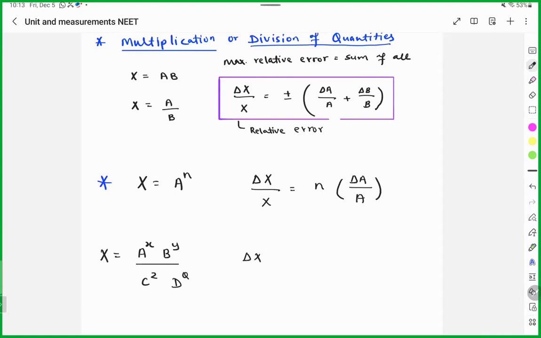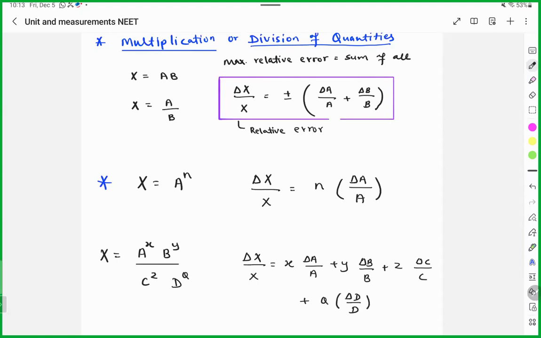So delta x by x equals, with the powers multiplied, x delta a by a plus y delta b by b plus z delta c by c plus q delta d by d.